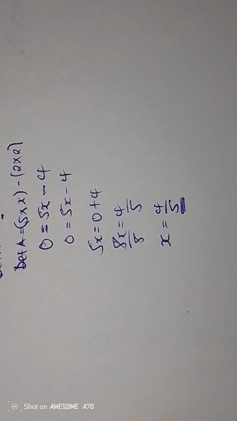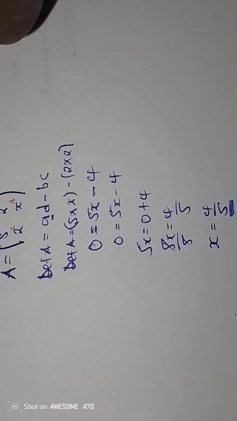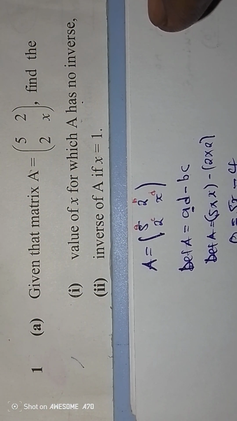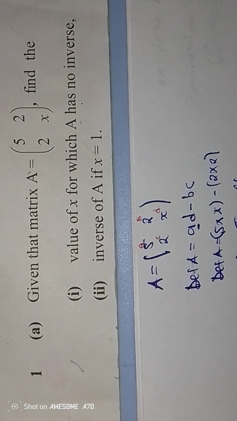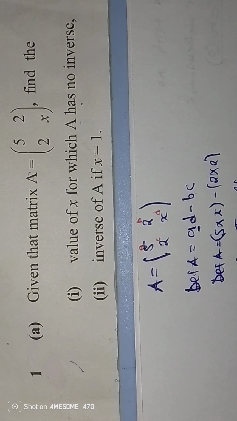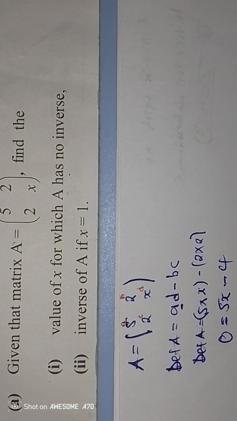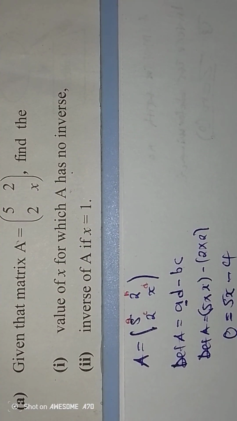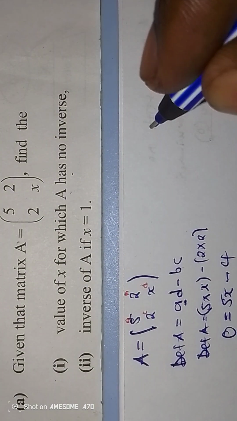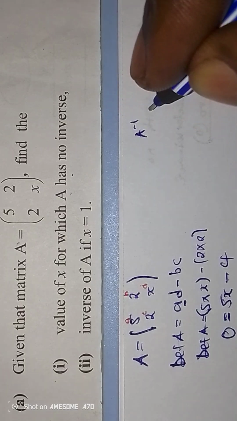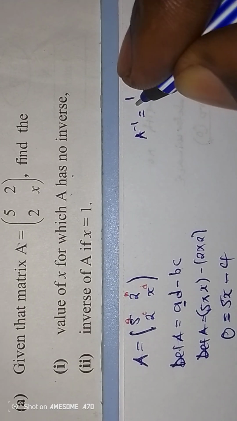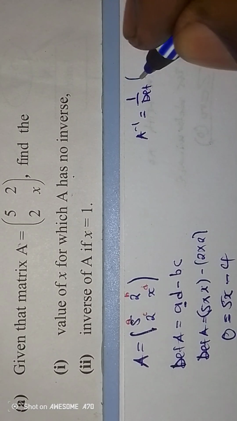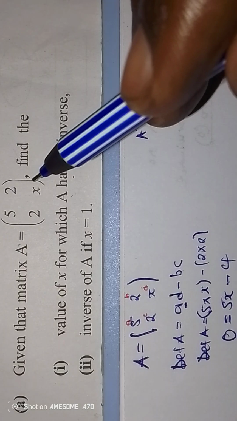Alright, now the second question is asking us to find the inverse of A. So always when you are finding the inverse of A, don't forget the inverse of A is equal to 1 over the determinant, that's the formula, then multiplied by the same matrix.